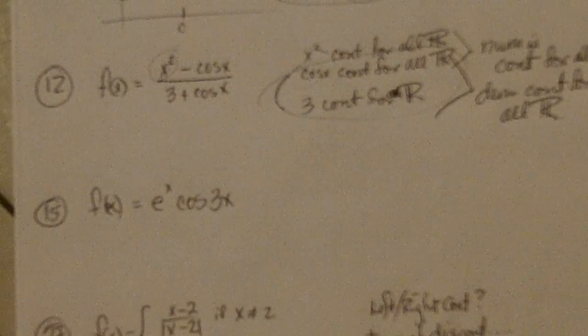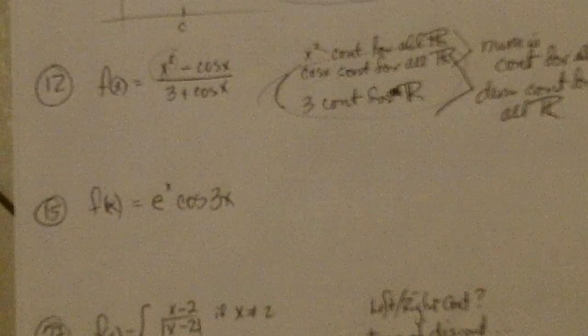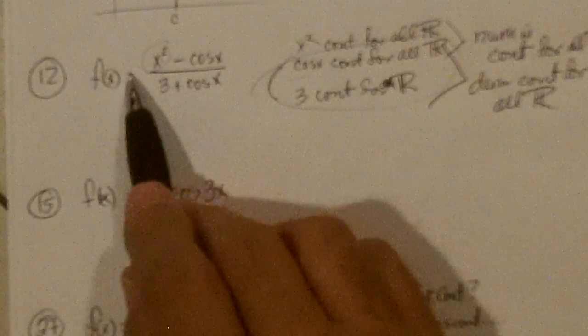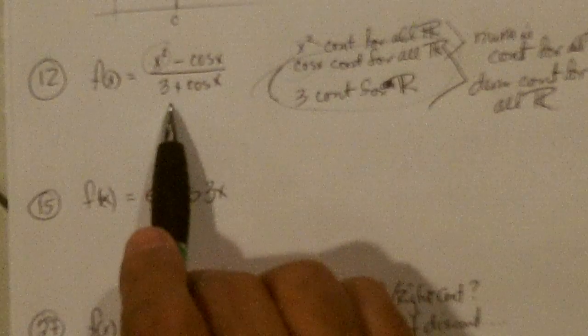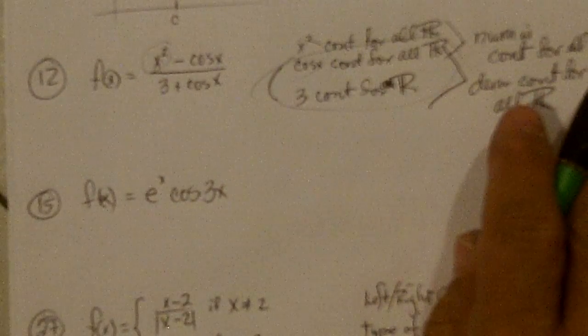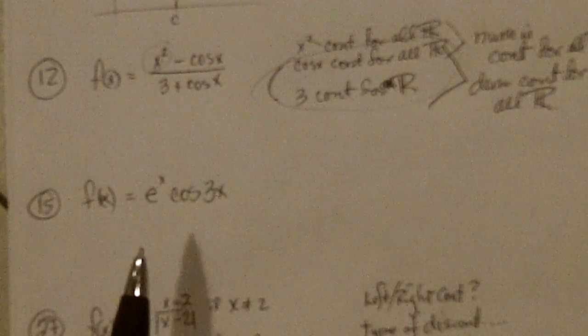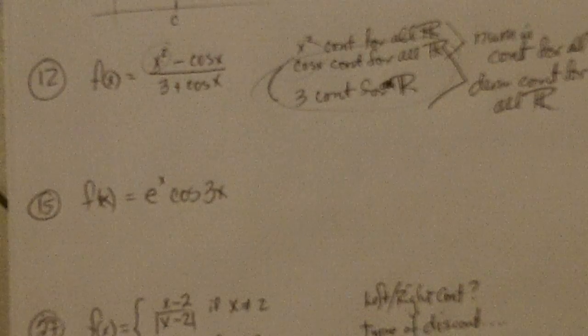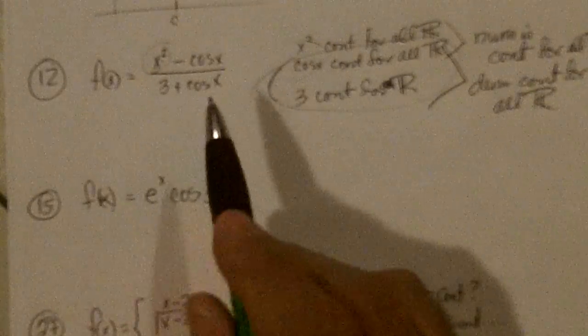Now the only thing we have to argue is that since we have a quotient here, the rule says that the quotient will be continuous for the intersection of the domains. Well, the domains are all reals, as long as the denominator is never 0. We don't get division by 0.